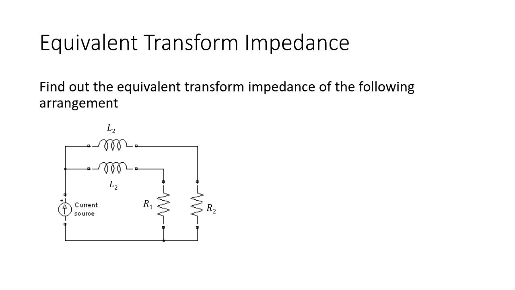Now, if you look at this, we have L2 and R2 in series, L2 and R1 in series. So for the first branch, we'll have R2 plus SL2, and then R1 plus SL. Let's assume if it is 2, they can be 2, both of them.